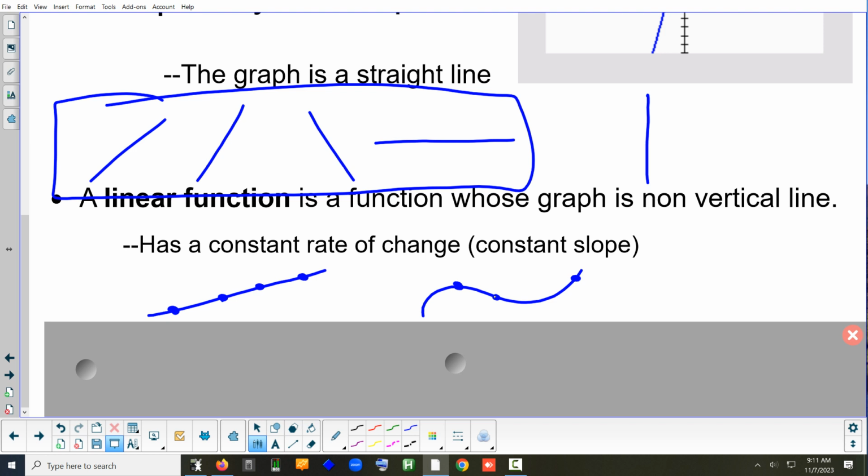That's not a constant slope. The slope changes, the steepness changes, depending on where you are. We're not going to look at ones where the steepness is going to change like that. We're going to look at ones that when you draw it, no matter where you are, it's exactly the same steepness all the time. So that's what constant slope means.